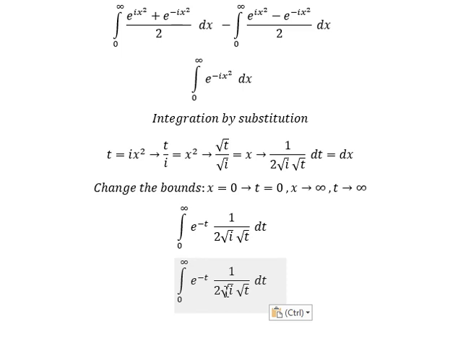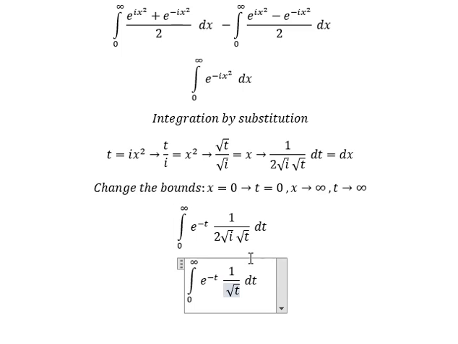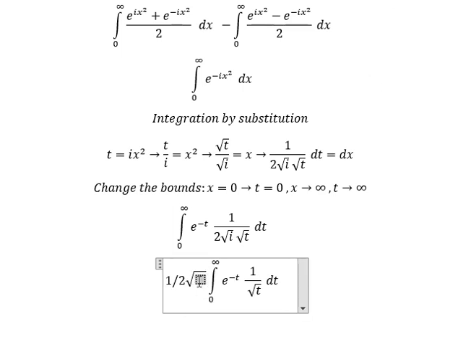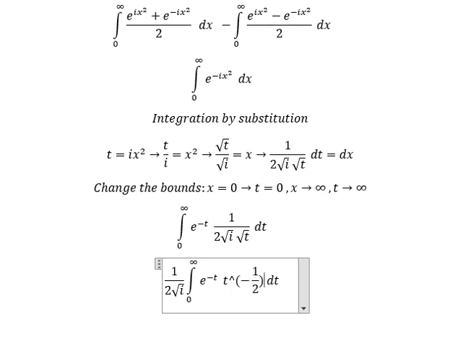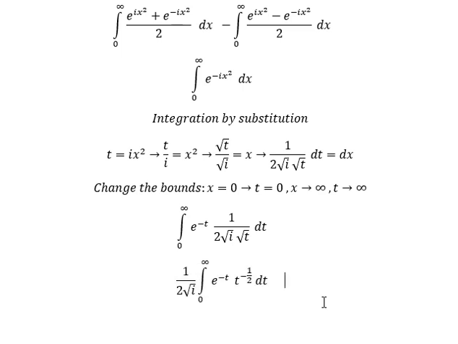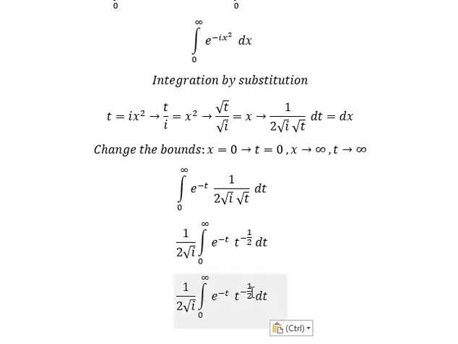So number 1 over number 2 with the square root of 8 we put outside. This one we change by t to the power of negative 1 over 2, and we know that is 1 over 2 minus number 1.